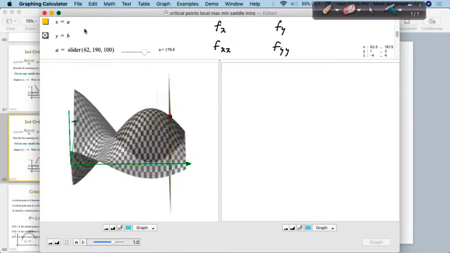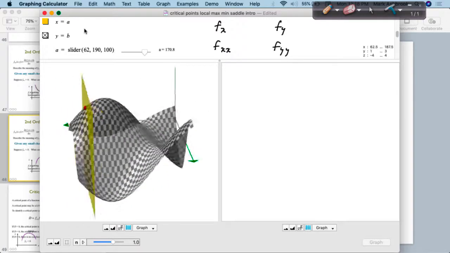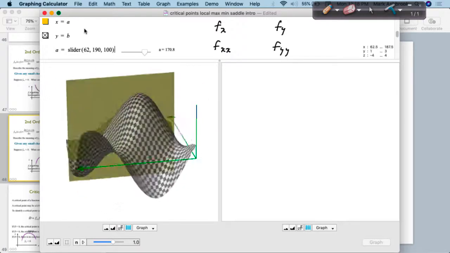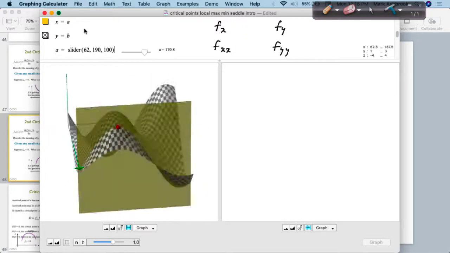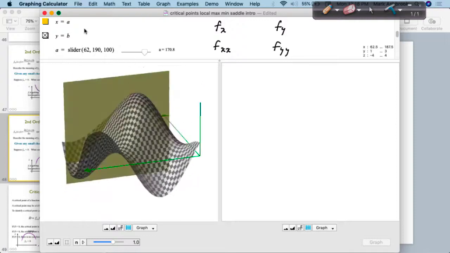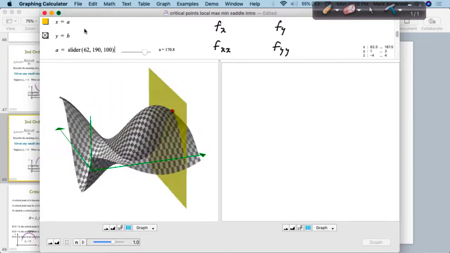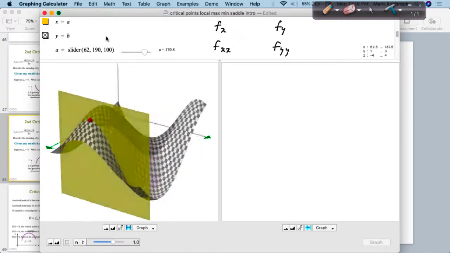Topping out, right? For a small change in y, you don't have a change in z. For the second partial with respect to y? Yep, the rate is decreasing, getting less positive and more negative. So the second partial with respect to y is negative. Okay?